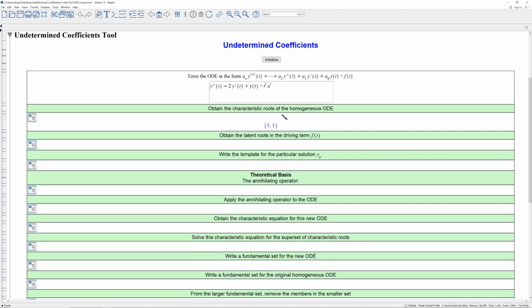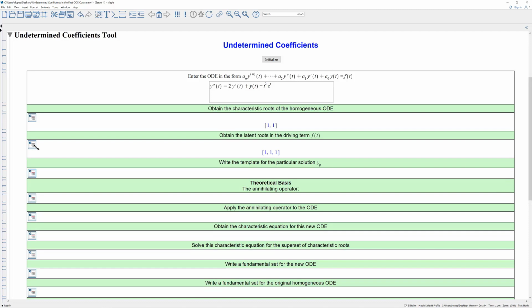I've got the characteristic roots of the homogeneous differential equation. This is a perfect square. Roots are 1, 1. And what are the roots hiding in here? What are the latent roots? 1, 1, 1. So I've got a reproduction of the tricky case. So what would the template for the particular solution be?